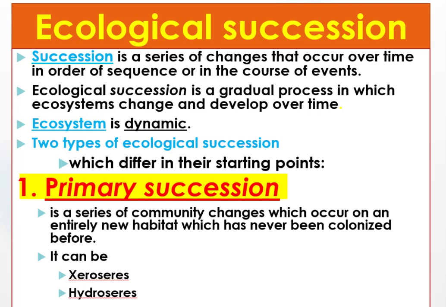Based on where on the earth it starts, primary succession can be xerosphere and hydrosphere. Xerosphere means a type of primary succession in which a series of community changes occur on bare rock or bare ground, whereas hydrosphere is a series of community changes that happen in an aquatic environment or open water that has never been colonized by any forms of life before.